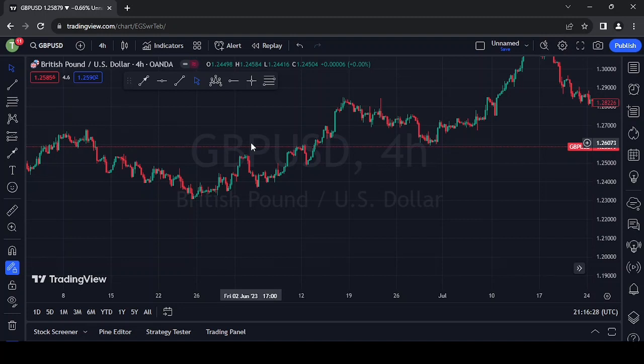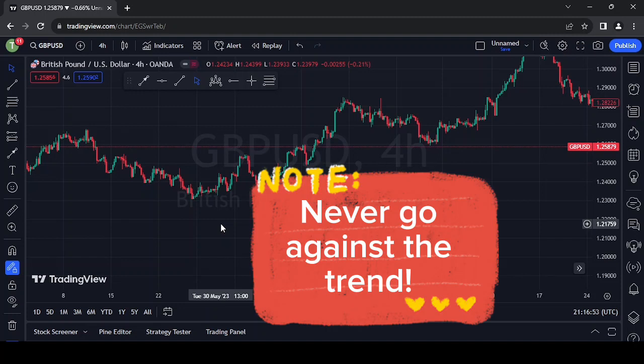Now I'll be talking first on how to use a Fibonacci for retracement. How do you use a Fibonacci for retracement? After every impulsive move, there is always a correction. And you need to trade in the direction of the trend.